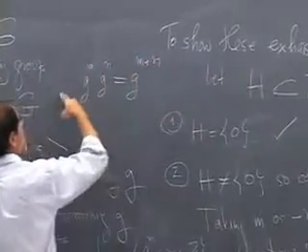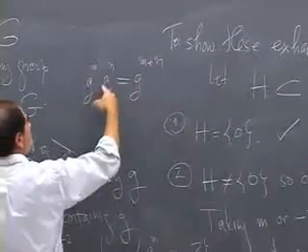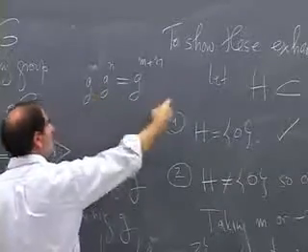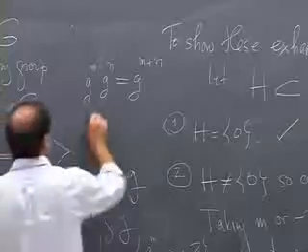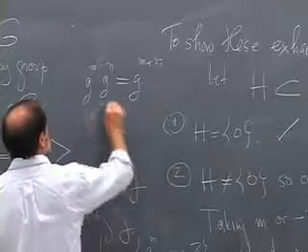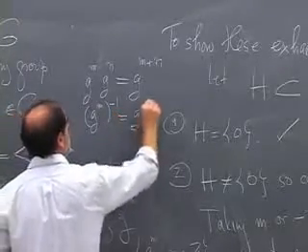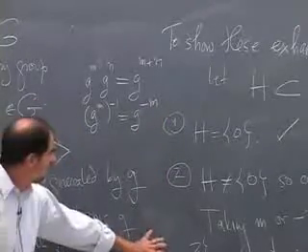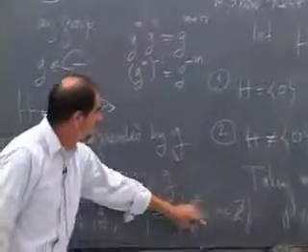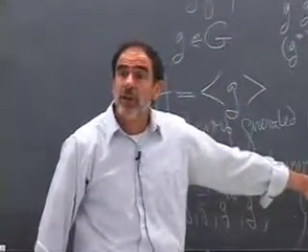Because g to the m means the product of g with itself m times, and g to the n means the product of g with itself n times. So when you take the whole product, you have the product of g with itself m plus n times. The inverse of g to the m is g to the minus m, and that's contained in here. So this is certainly closed under multiplication and inversion and contains the identity element. So there it is. There's the cyclic subgroup.